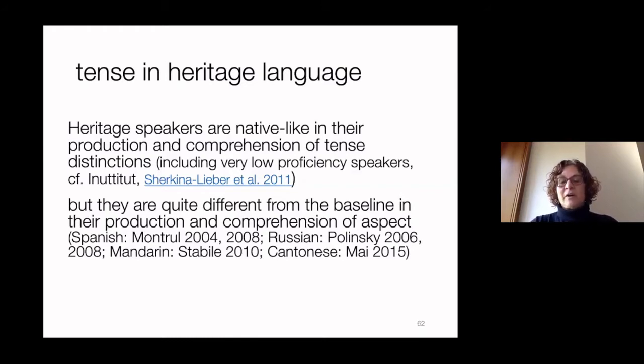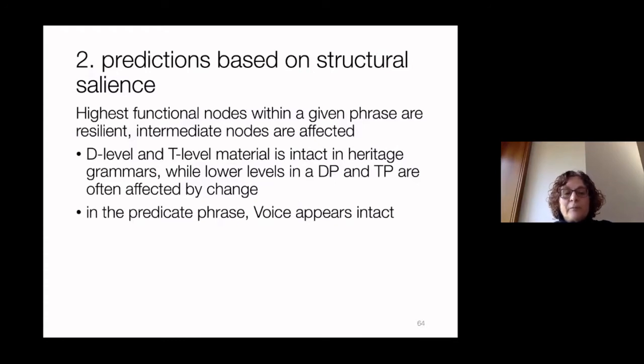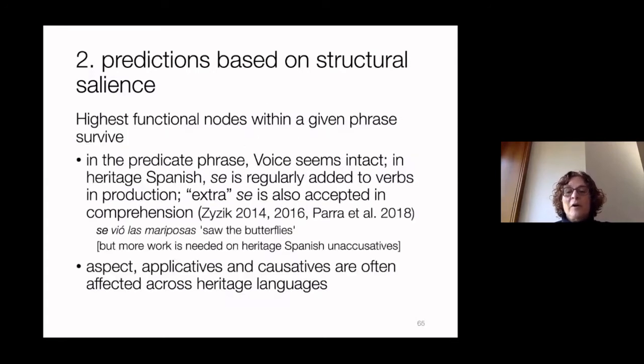Tense is intact, aspect is pretty well known to be affected. And that goes well with this idea that tense is a higher projection as opposed to aspect. And if you look at the predicate phrase, voice seems to appear intact. So again, we're looking at the higher projection.